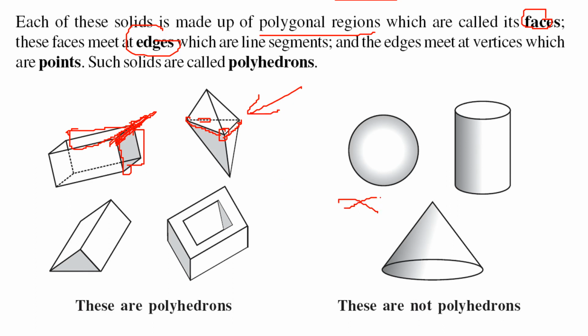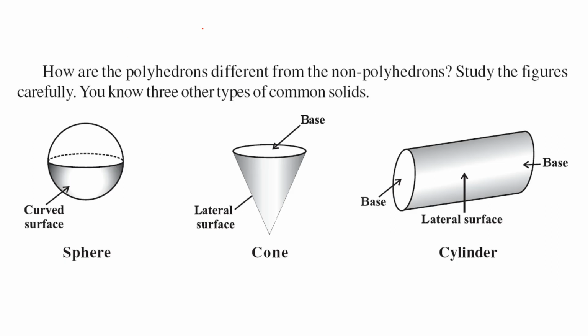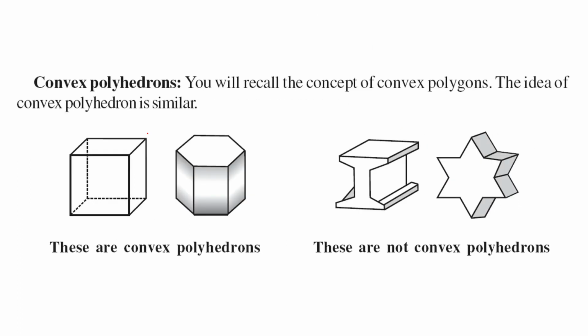These are not polyhedrons because they don't follow these properties. How are polyhedrons different from non-polyhedrons? Because we ought to have the edges and the vertices, but here we have a round shape. That is why these are non-polyhedrons.